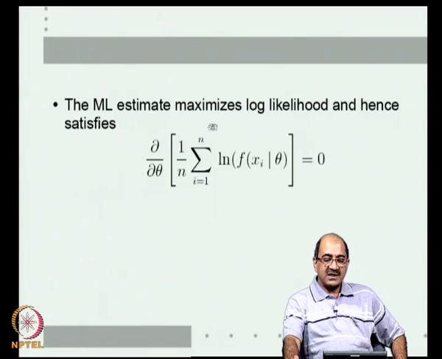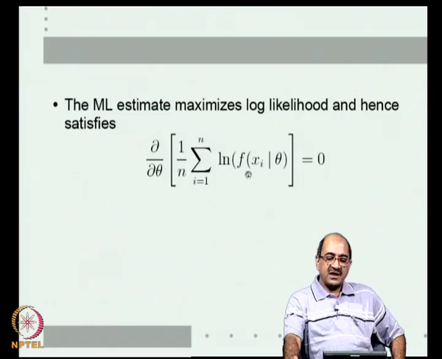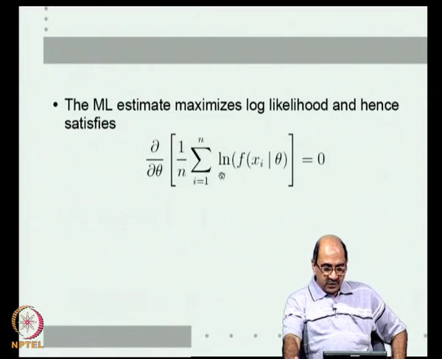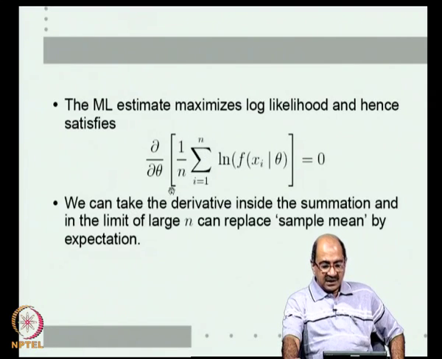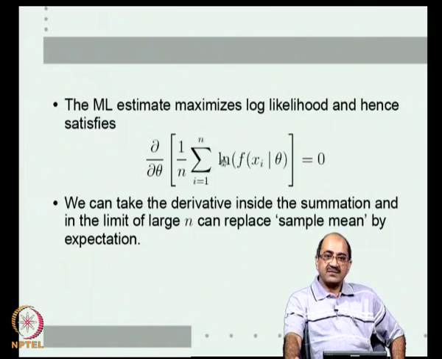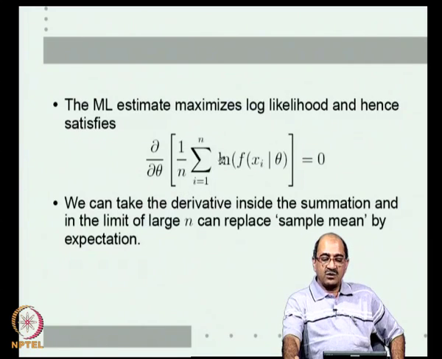That is nothing but a sample mean estimate of the expected value of h of x, right. So, essentially I can take the derivative inside the summation. If I take the derivative inside the summation, then it is the sample mean of dou by dou theta of ln f of x i given theta, which are some functions of x i, right.